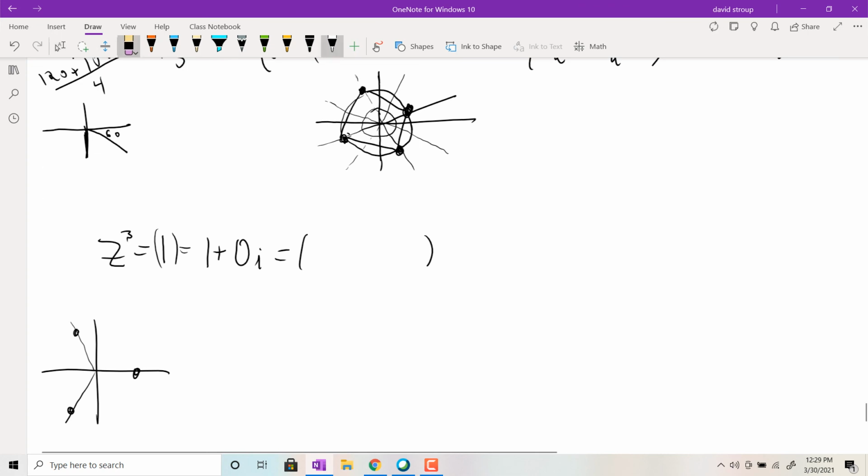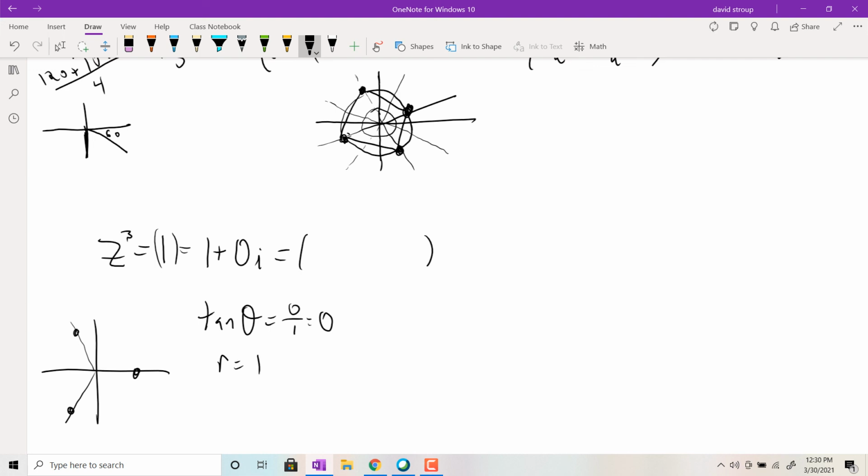I want to put it in polar form then, so tan of theta is 0 over 1, which is 0. So the modulus, of course, r is just 1. So it's going to be 1 times cosine of 0 plus i sine of 0.